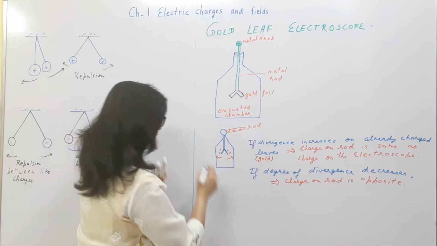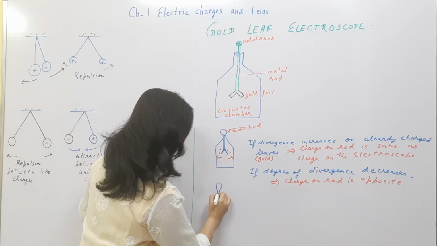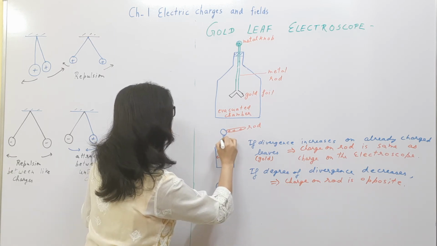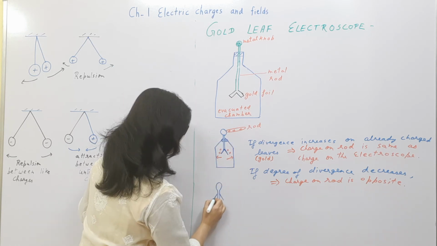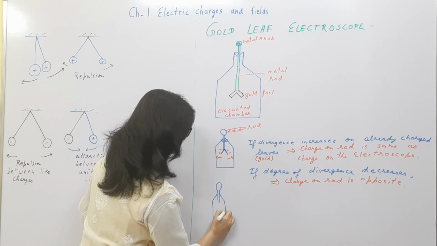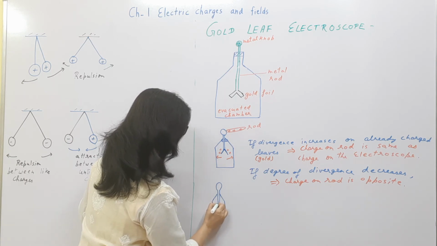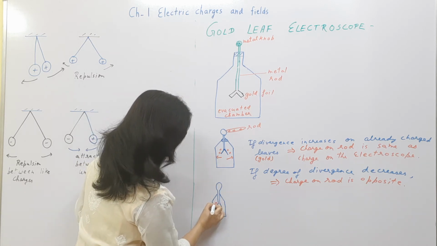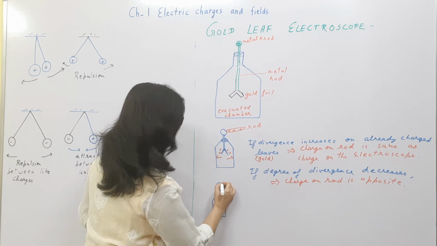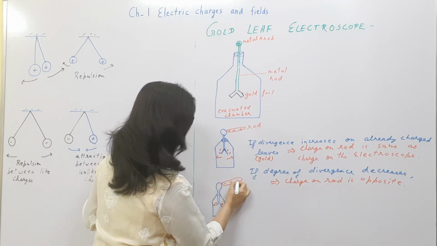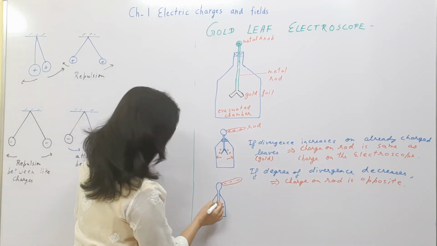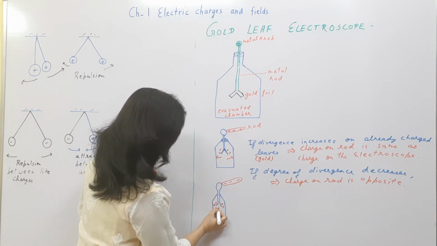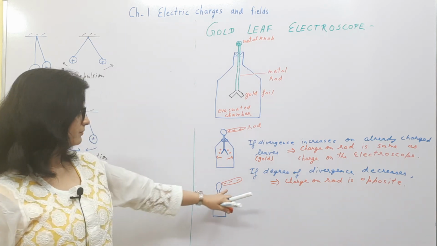But in case we have, suppose this was positive and this rod has negative charge, so some of the charge will be neutralized, so the divergence will decrease because some charge will be neutralized.